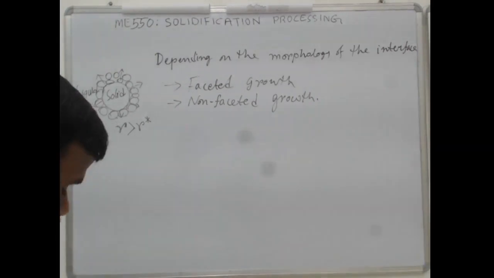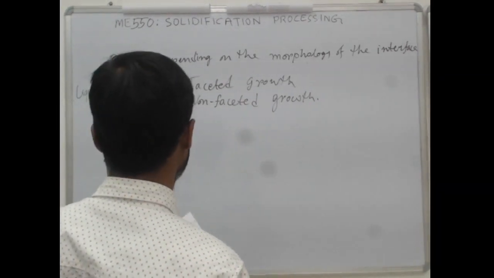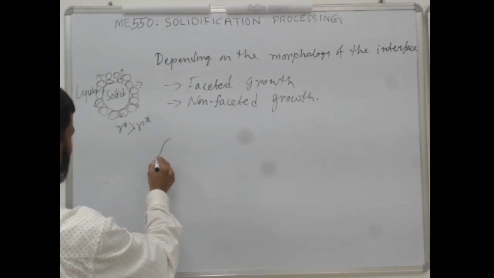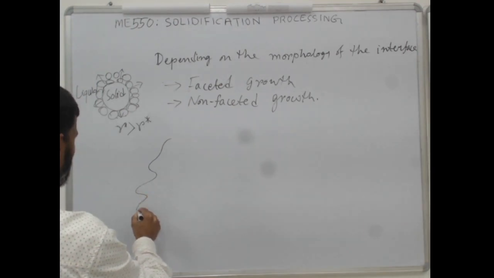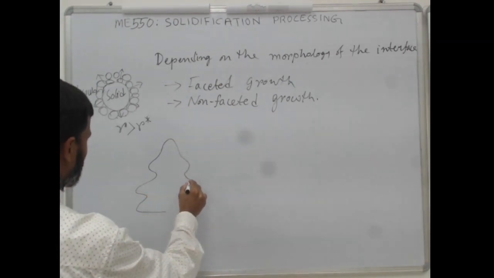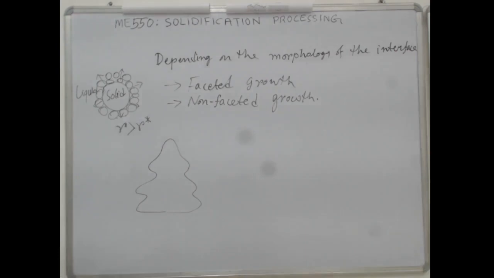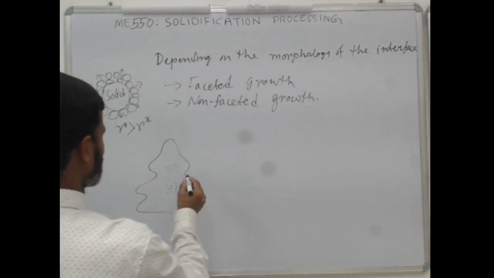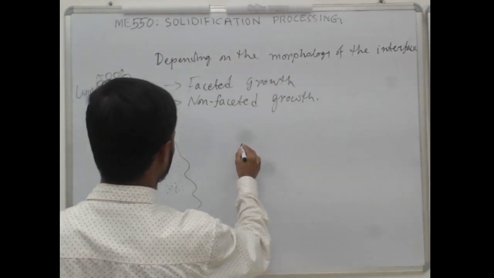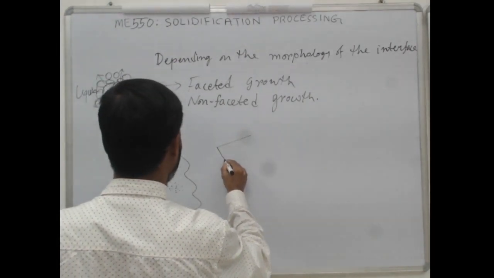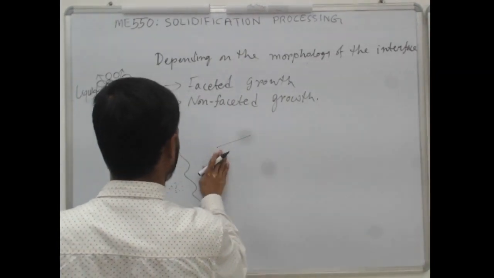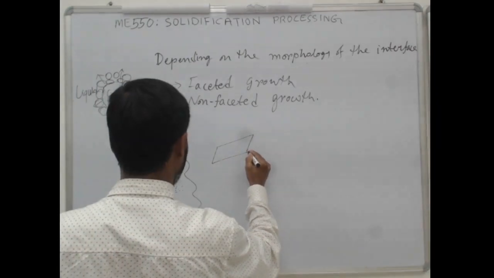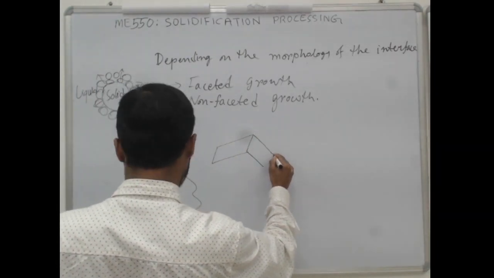The surface plays an important role. When I say faceted growth, the surface would look like a typical representation you will see in most textbooks. This is actually 3D. This is one type of morphology, and another one is a crystal which is growing.